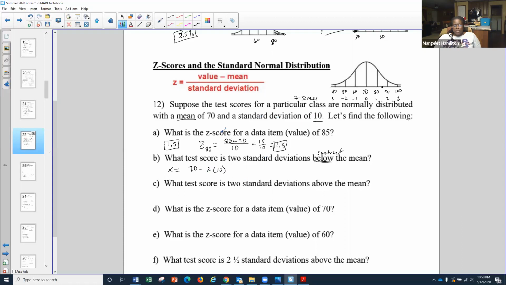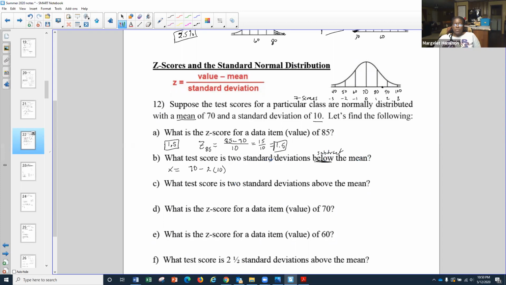So let's look at it one more time. We're looking for the test score, X. And here's our statement. What is our test score? That is 2 standard deviations below the mean. So our mathematical statement is going to be the mean, and since they gave us the word below, we subtract 2 standard deviations from it.